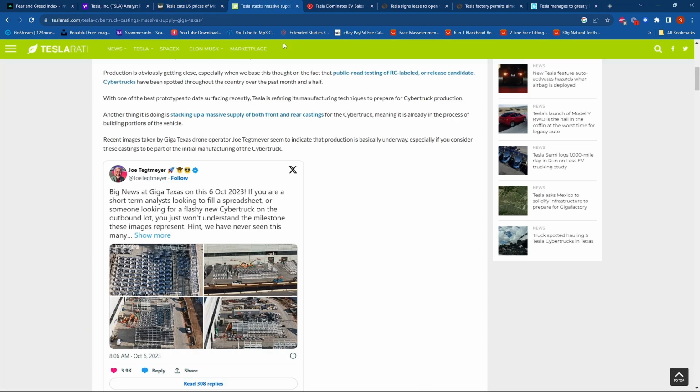All right, so onto the Cybertruck, which has been a pretty huge deal for Tesla for the past couple of years. This time it can be groundbreaking.